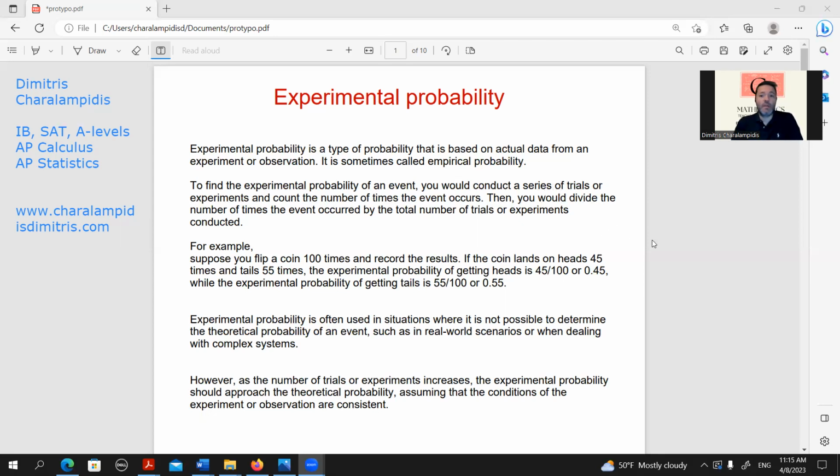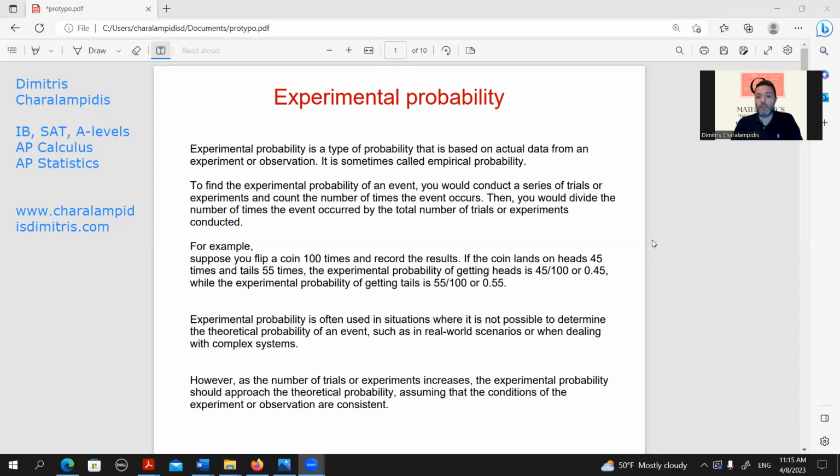For example, let us suppose that we flipped a coin 100 times and recorded the results. Assuming that the coin landed on heads 45 times and tails 55 times respectively, the experimental probability of getting heads would have been 45 out of 100, while the experimental probability of getting tails would have been 55 over 100 respectively.